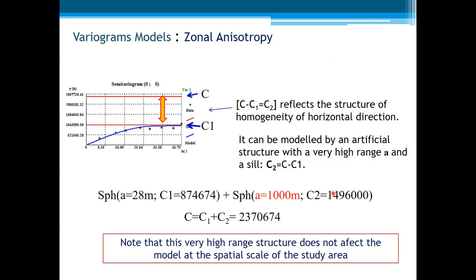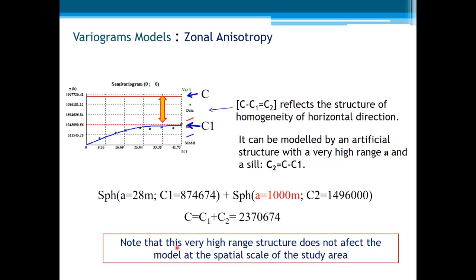This zonal anisotropy can be modeled, for example, by a sum of two structures. One of them, extremely homogeneous, is responsible for this gap, the gap between the global sill C and the lower sill of the homogeneous layer, C1.